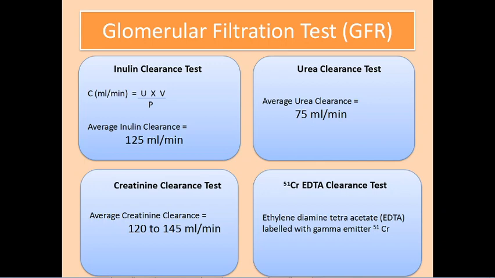Normal values of creatinine clearance vary from 95 to 105, and can be in the range of 120 to 145 ml per minute. An increase in serum creatinine level greater than 1.5 milligram per dl and a decrease in creatinine clearance indicate impairment of glomerular function. It is observed in the case of acute and chronic glomerulonephritis.